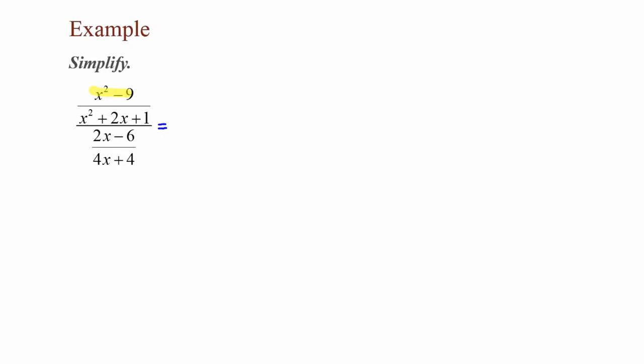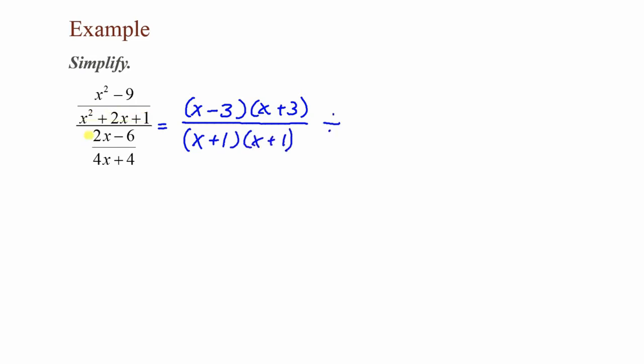Starting with x squared minus 9, that's the difference of two squares, x minus 3 times x plus 3, divided by x squared plus 2x plus 1. I need two numbers that multiply to be 1 and add to be 2, x plus 1 times x plus 1, divided by 2x minus 6.